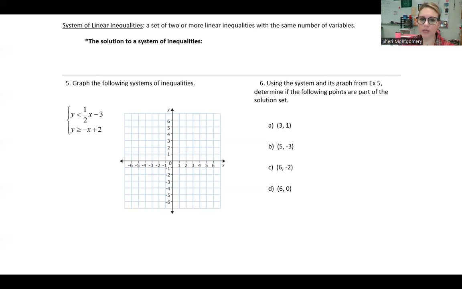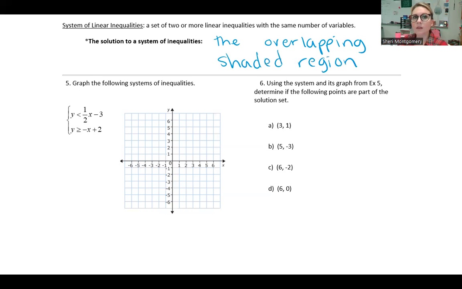So the solution to a system of inequalities is the overlapping shaded region.